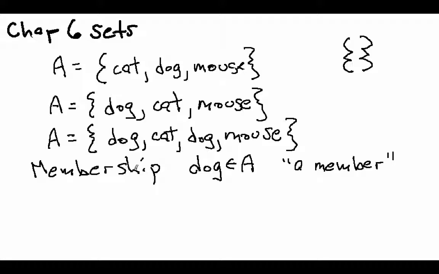We could come along and say that lion is not an element of A, and we indicate that by drawing a line through that. Not a member.